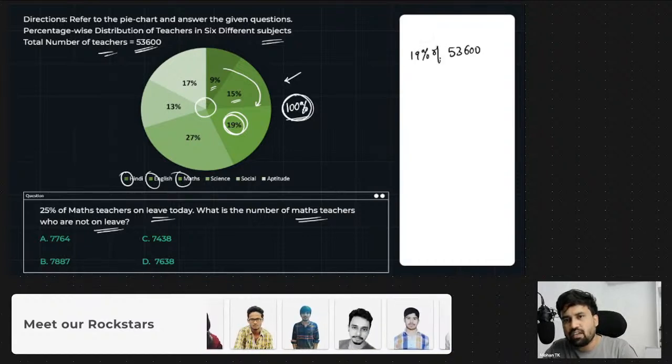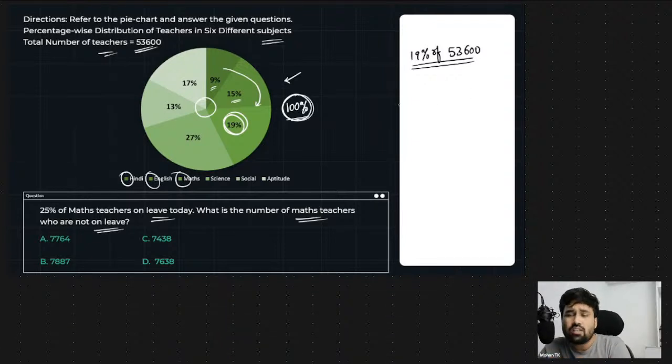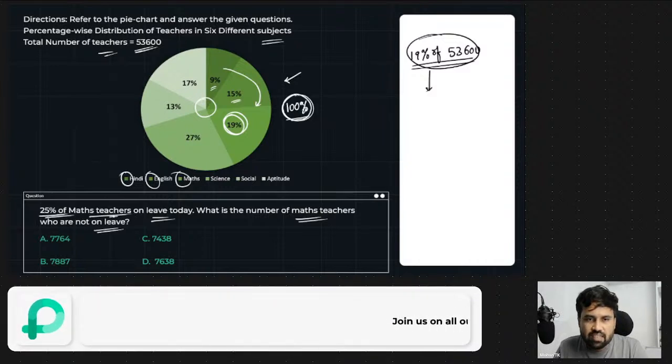So 19% of some value we have to find. And I will tell you the shortcuts how to do the calculations as well. So try to be with me. And just look into the next concept, that is, this is the total number of mathematics teachers. And here he is saying 25% of the maths teachers are on leave.